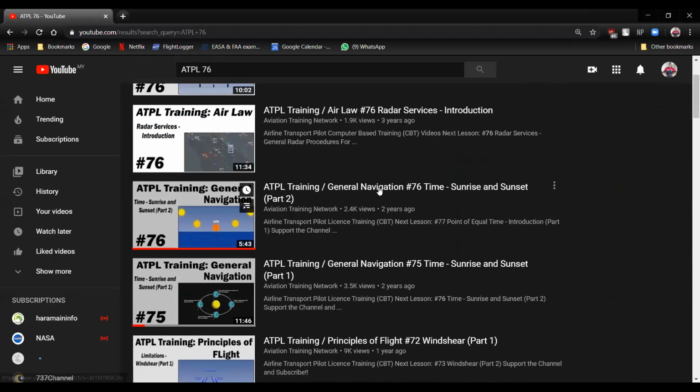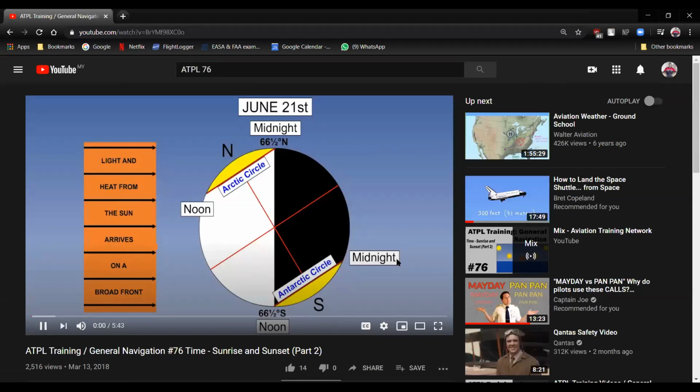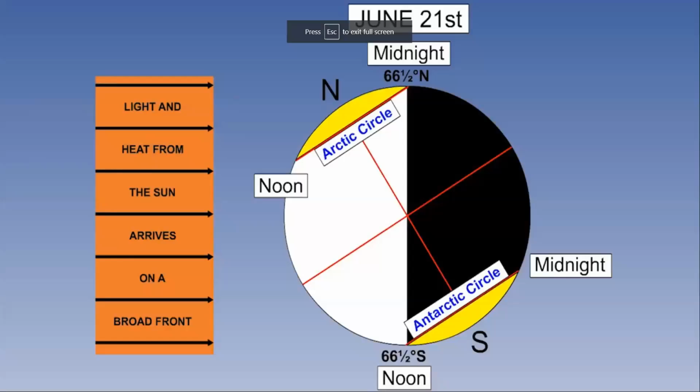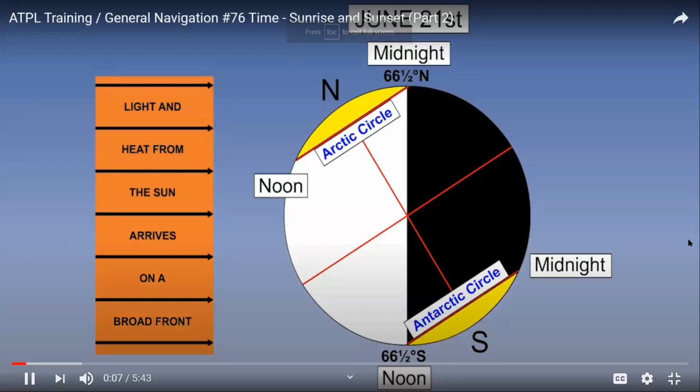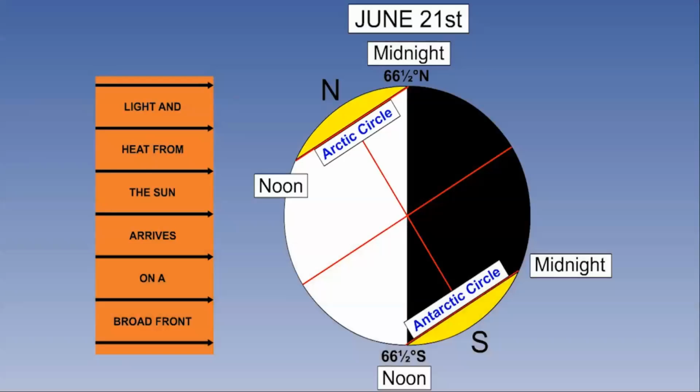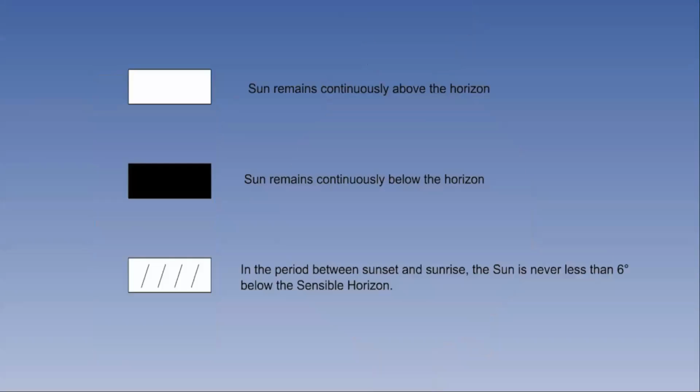This one? Yeah, 76. We showed in an earlier lesson that at latitudes above the Arctic and Antarctic circles, it was possible to have continuous daylight or continuous darkness at certain times of the year. These symbols are used in the Air Almanac to indicate these phenomena.